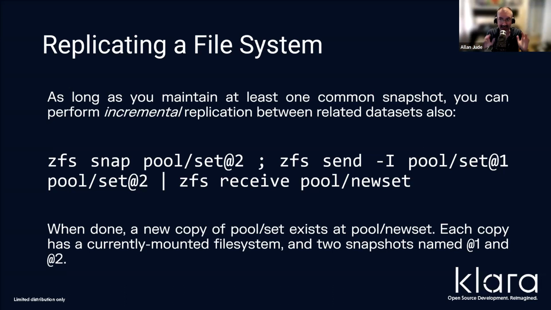Doesn't matter. Just every block that has a birth time between @1 and @2 needs to be serialized and sent to the other side, and that side already has @1, so we'll be able to just apply these changes on top and have @2 without having to even look at what's in @1. And that's what makes it sometimes thousands of times faster than a regular backup or a tool like rsync.